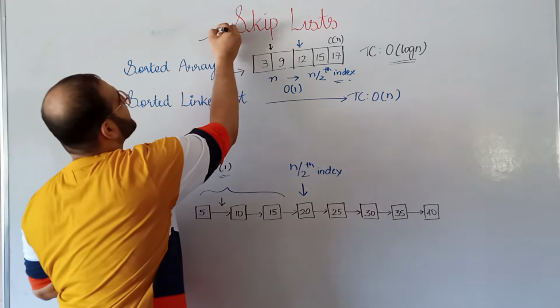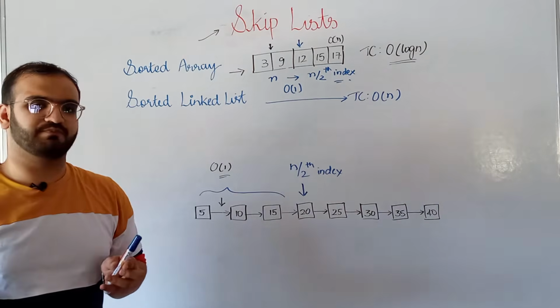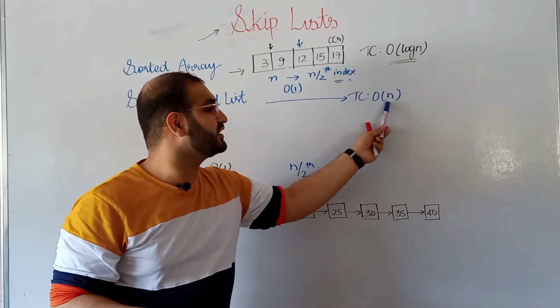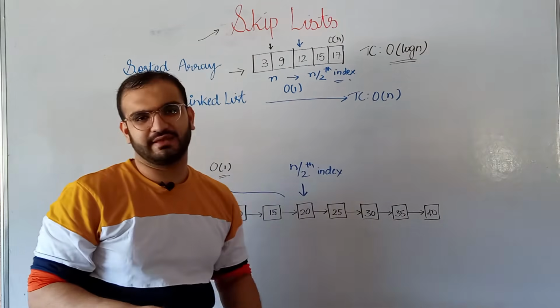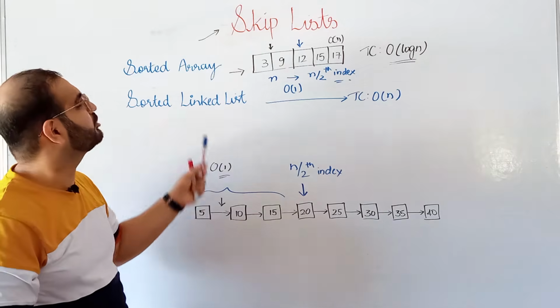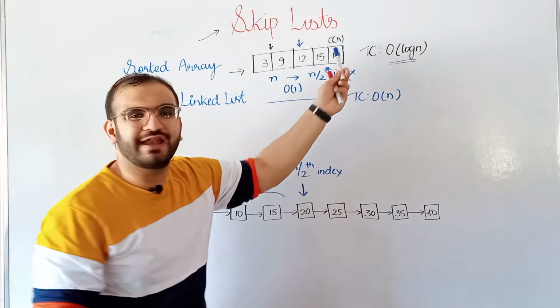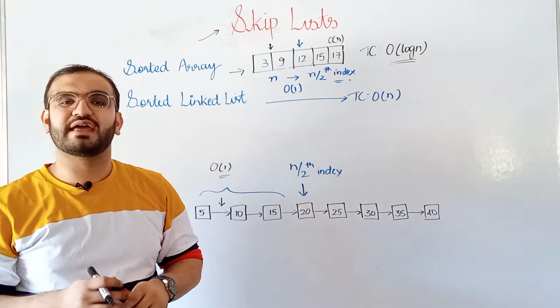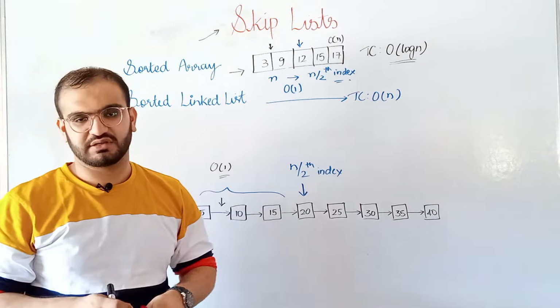That is where skipList comes into the picture, where your time complexity for the search operation is reduced from order of n, and the insert and delete operations also take less than order of n time as they took in case of a sorted array. So that is where we need skipList, right?